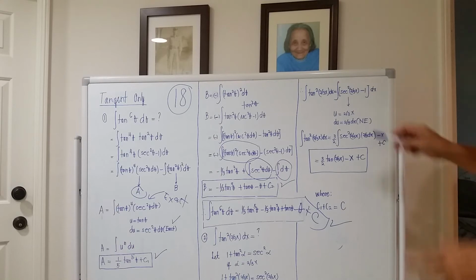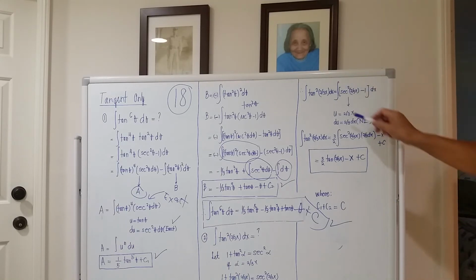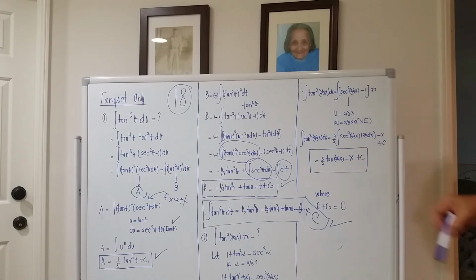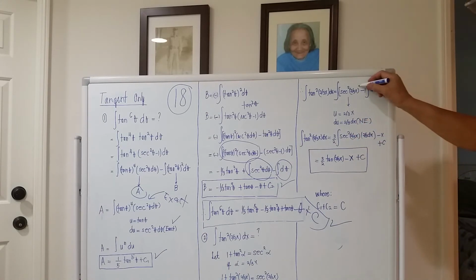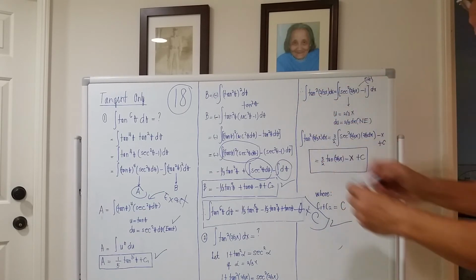There is an integral for a secant square. So we verify the value of u. u is 2/3 x, du is 2/3 dx. It is not exact. We are missing 2/3 on the differential. So we will introduce the reciprocal of this outside.